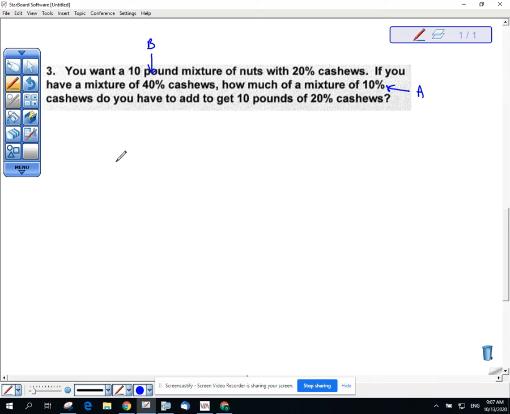They want to add up to 10 pounds. So A plus B is 10. And then 0.1A plus 0.4B is going to be equal to 0.2 of the 10 pounds.